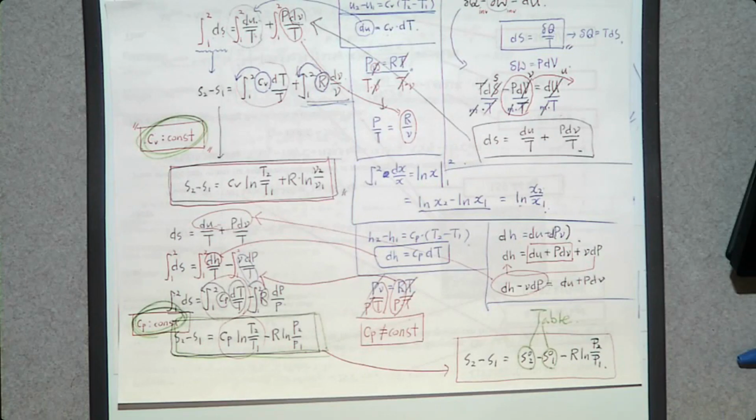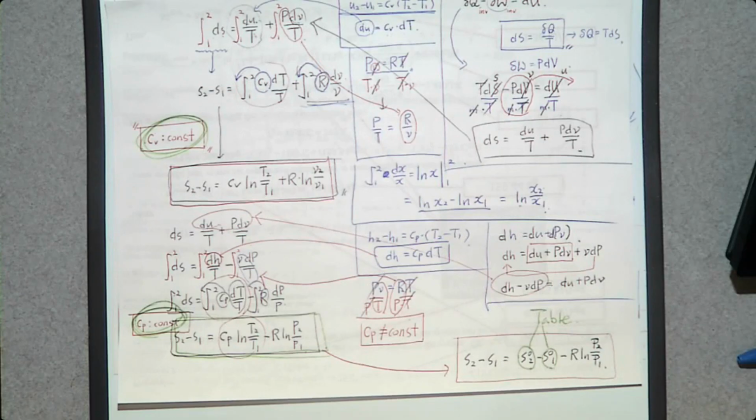Any question? Then you should have one question. Do I have to memorize all of them? Not necessarily. You just need to memorize this one and this one and this one, three of them, and just make sure that you know when to use which. Basically, if you can assume constant specific heat, you can use these two.